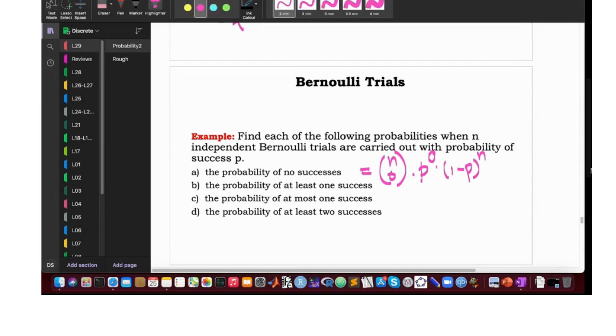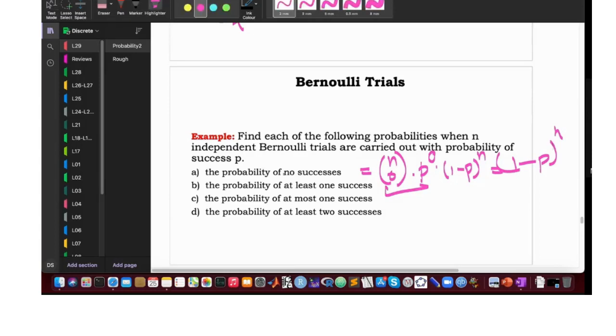Everything else is 1, so you are just left with 1 minus p to the power n, right? There's nothing to choose. There's nothing to succeed on. You flip the coin n times and every time you fail, and the failure probability is 1 minus p, so it's just going to be 1 minus p to the power n.